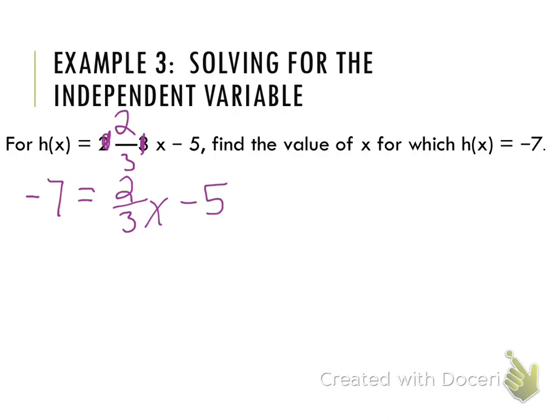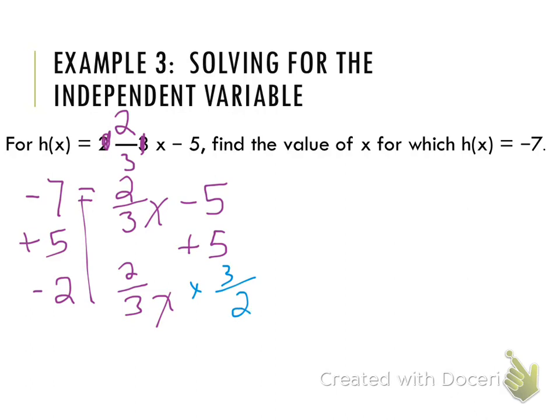So now we just got to solve this equation just like we solve any other equation. We get rid of what's added or subtracted. So right now we're subtracting 5. Move it away from the variable. And we get negative 2 is equal to 2/3 x. And remember, when we're trying to get rid of a fraction, we always multiply by its reciprocal.